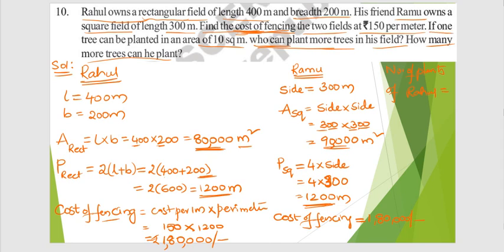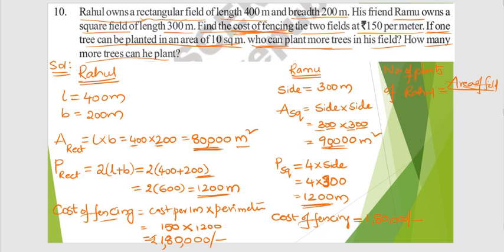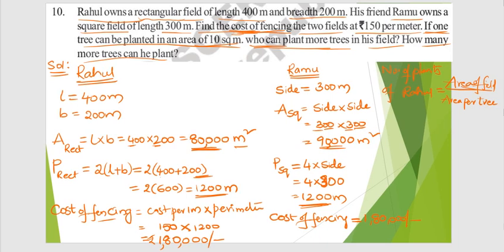It is nothing but the area divided by the area per tree. If one tree can be planted in an area of 10 square meters, then it is the area of the total field by the area per tree. So area of field by area of tree.